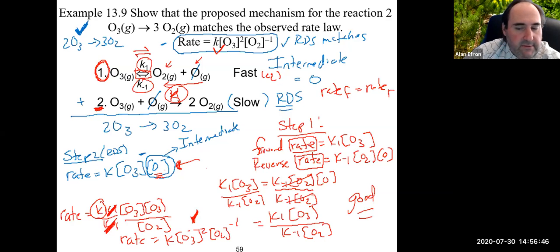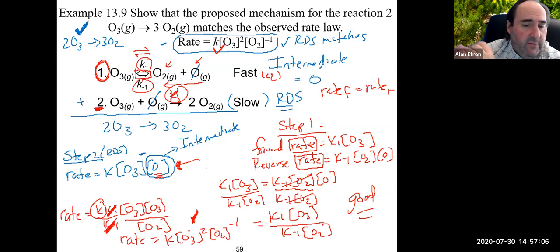You do use the coefficients as the exponents when writing rate laws for elementary steps only in a mechanism problem. Again, you do not use the coefficients like we did in problems before we got to mechanisms.